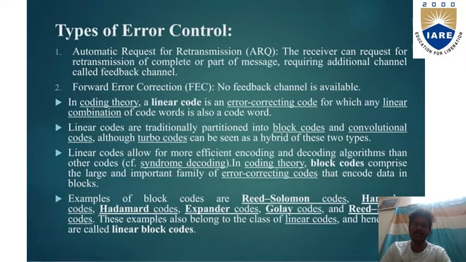And there are types of error control. The first one is automatic request for retransmission, ARQ, where the receiver can request retransmission of the complete message or part of it, requiring an additional channel called a feedback channel.